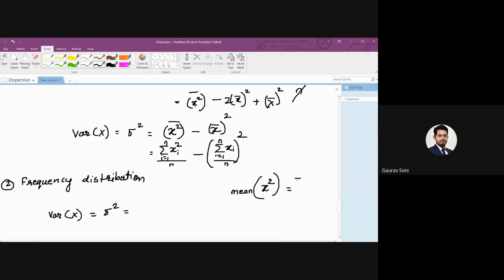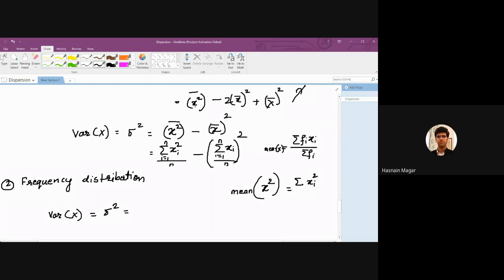No, for the frequency distribution. Let's talk about the frequency distribution. In that case, what will be the formula for mean? The formula is summation fi xi upon summation fi. This is when you have the frequency distribution. This is how you get the mean of x.